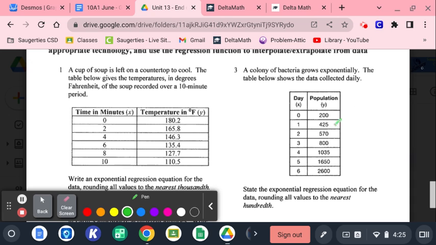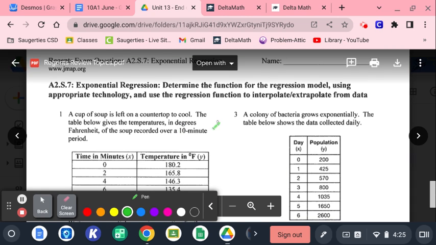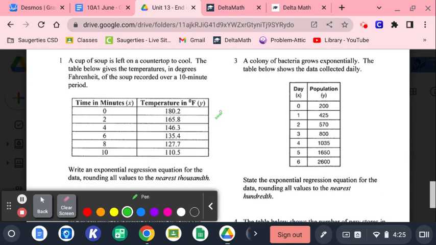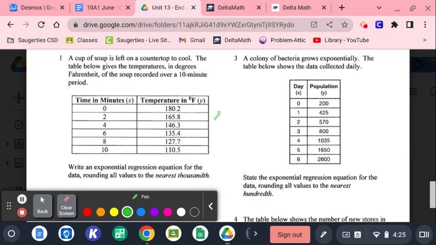Okay, now we're going to switch over to the exponential regression section. Same idea, except the equation looks a little bit different. This one says, for number 1, a cup of soup is left on a countertop to cool.